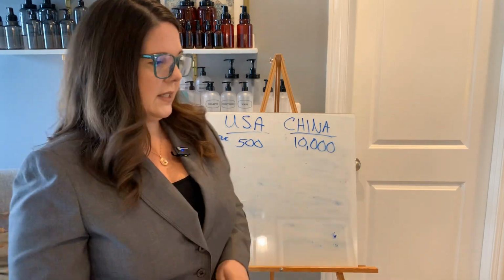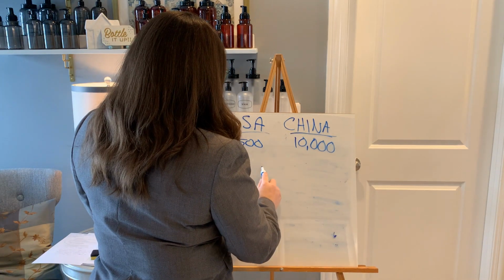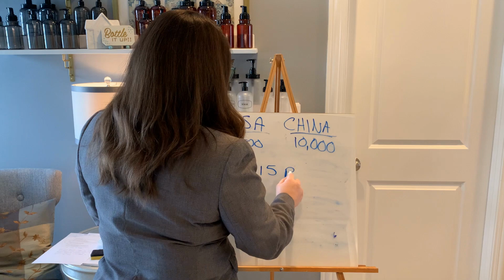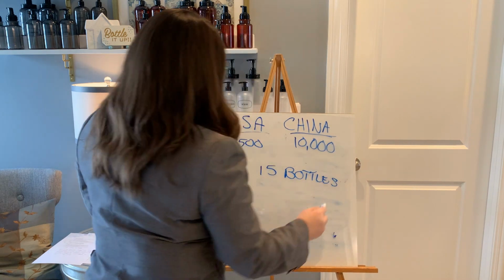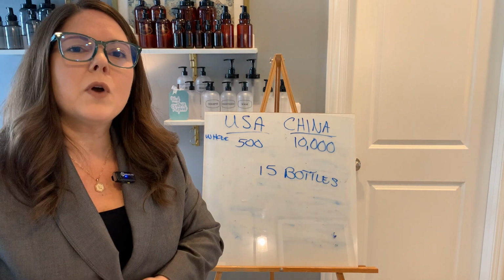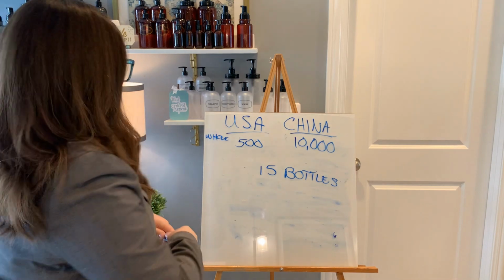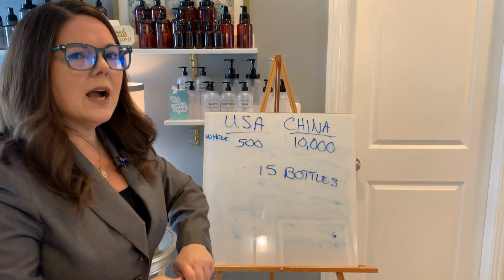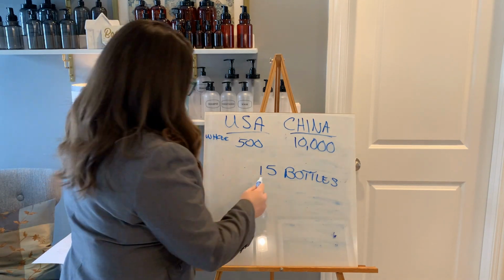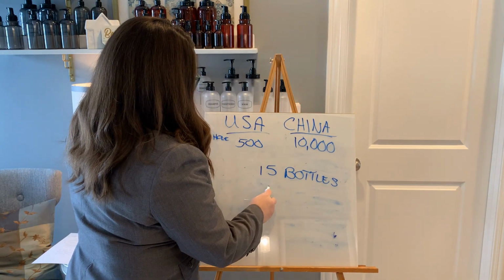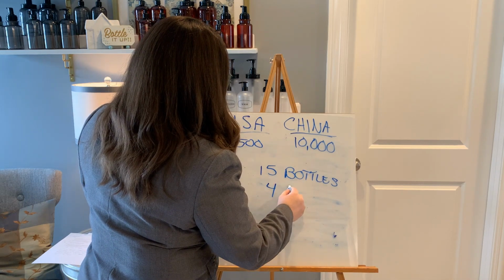And we're just taking bottles for example, but let's just say you have 15 different bottles on your shelf in Target. 15 bottle options. Now, how many of those bottles do you think are going to be your best sellers? With the odds of the way retail typically goes, you probably only have 4 that sell well, okay?